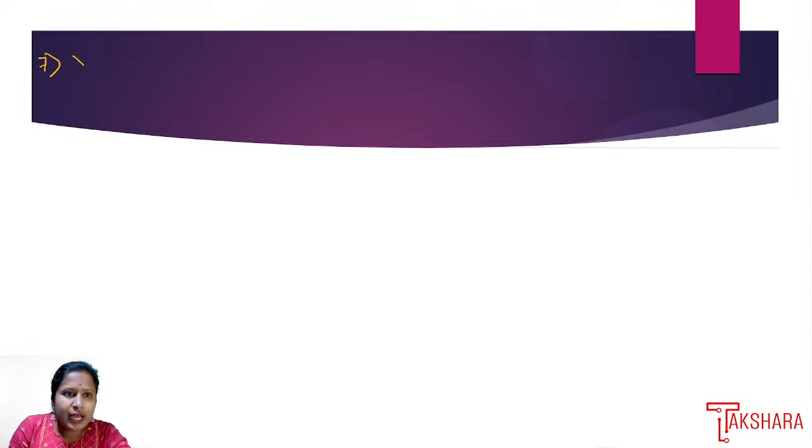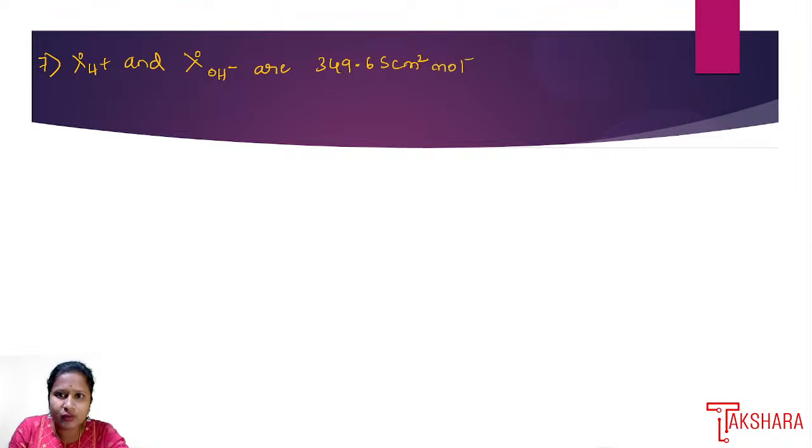7. Lambda naught H plus and lambda naught OH minus are 349.6 Siemens centimeter square per mole and 199.1 Siemens centimeter square per mole at 298 Kelvin respectively.